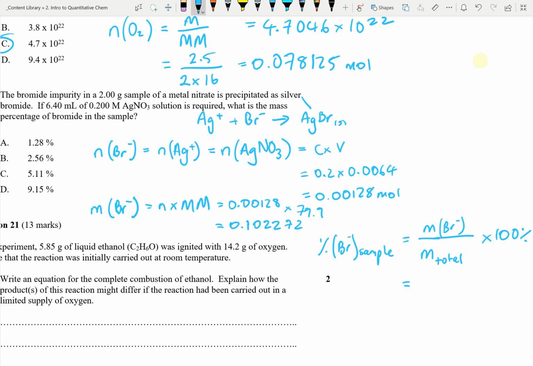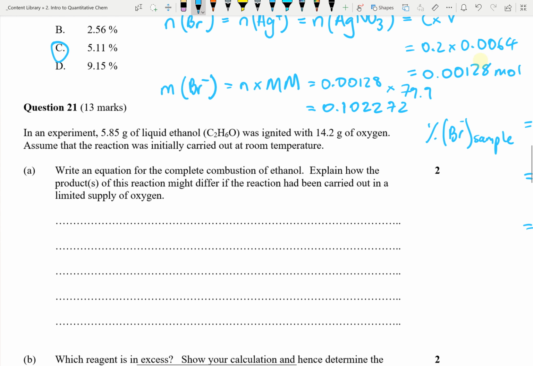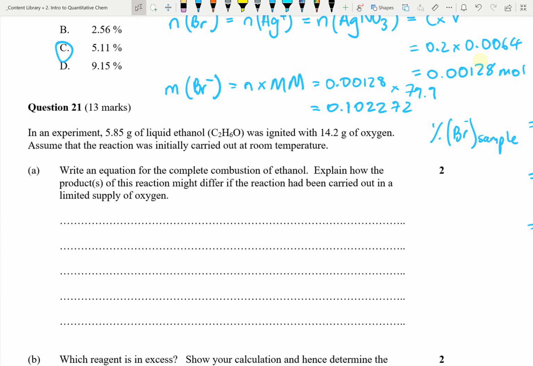So I'm going to get 0.1022 divided by 2 grams times by 100 equals 5.1136%. 5.11, easy.